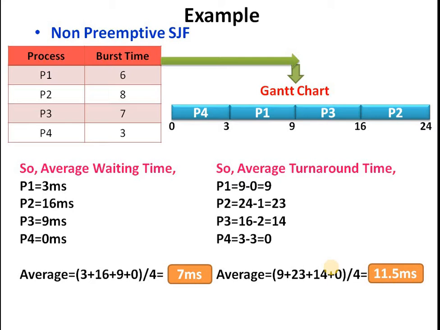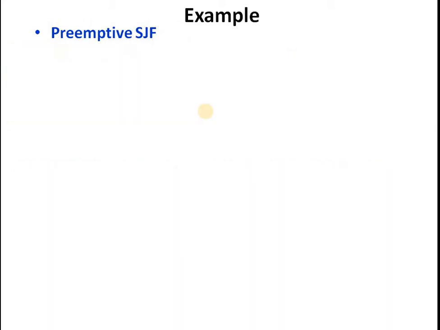Again, I tell you, in non-preemptive SJF, the process which has a small burst time will be executed first. That is the shortest job first. Now we will see the preemptive SJF.